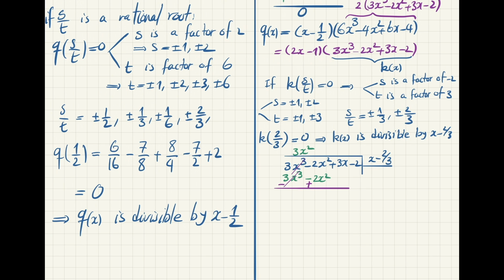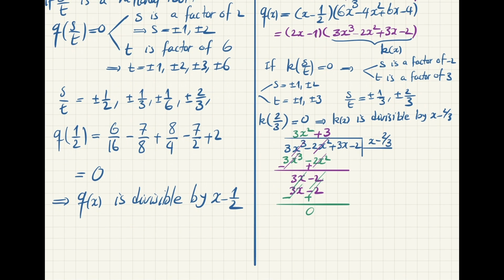This one and this one are cancelled, and this one also cancelled. So I will get 3x minus 2, and I do the division once more, so it becomes plus 3, and it becomes 3x minus 2. When I change the signs, it becomes negative positive, and then I add them. This one and that one are gone, this one and this one is also gone, so I will get 0.